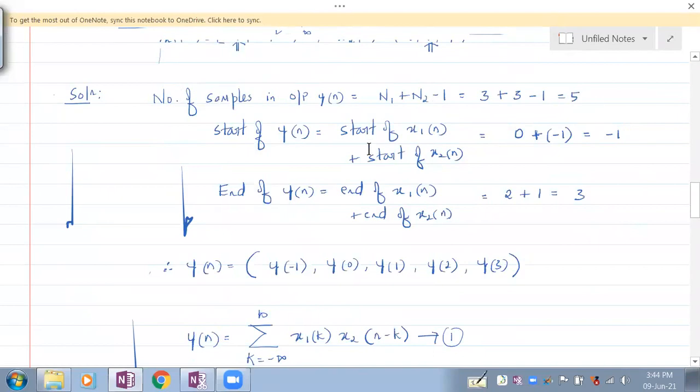How many samples should be there, where it should start, where it should end. So that is why we are able to write that it starts at minus 1. That's why we calculate y of minus 1 first, then we end by calculating y of 3, and that is what we have done. Fine with that?